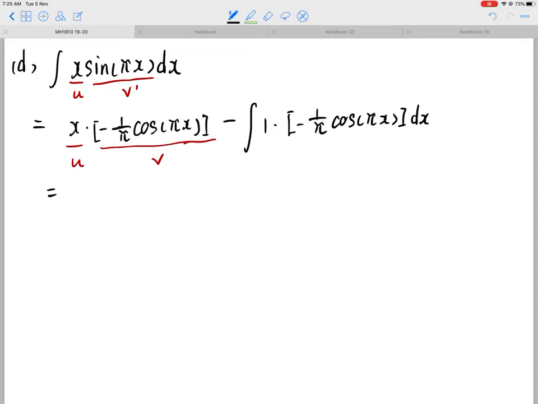So it's negative 1 over pi x cosine pi x, here a plus 1 over pi integration of cosine pi x.